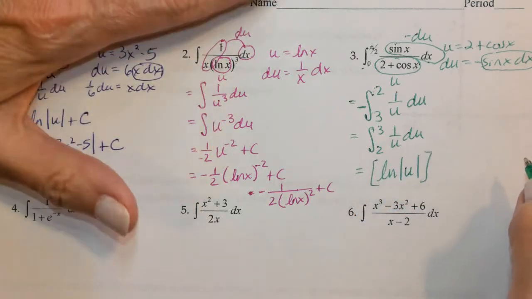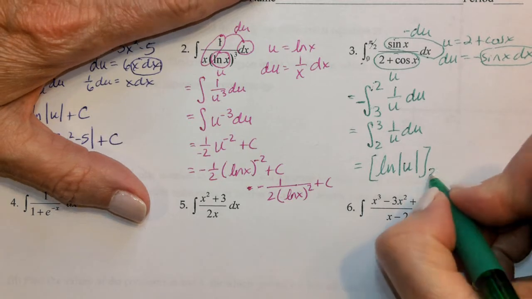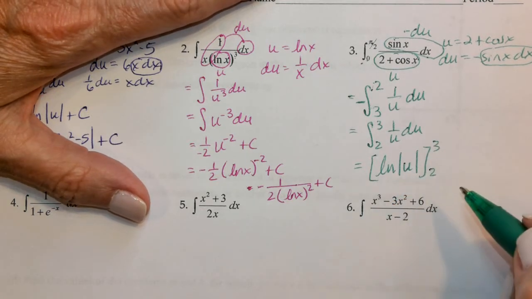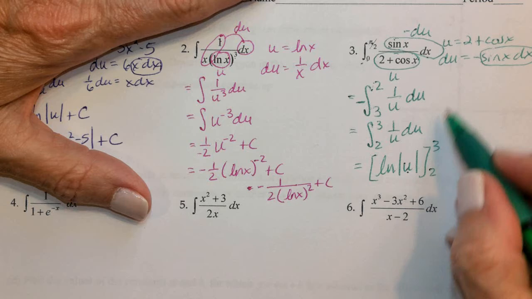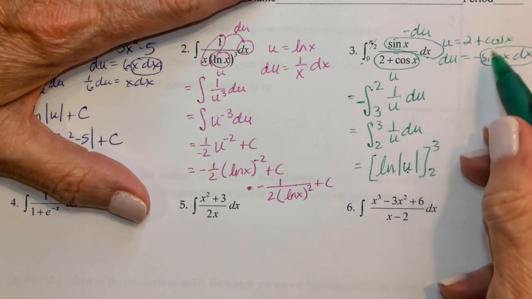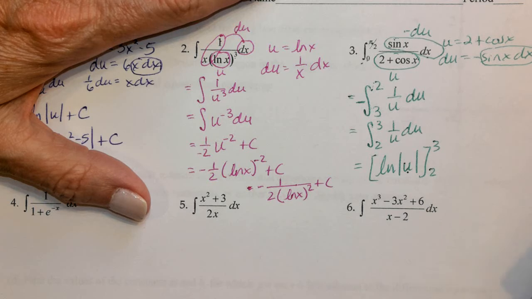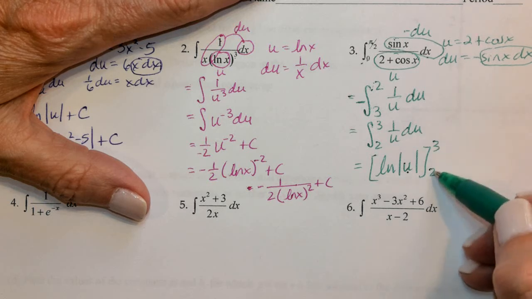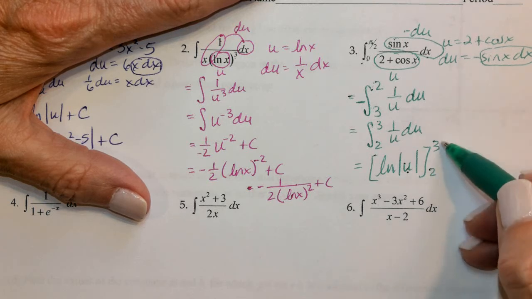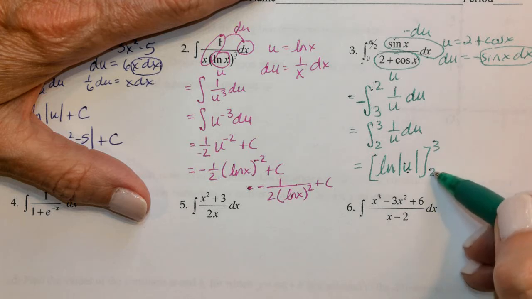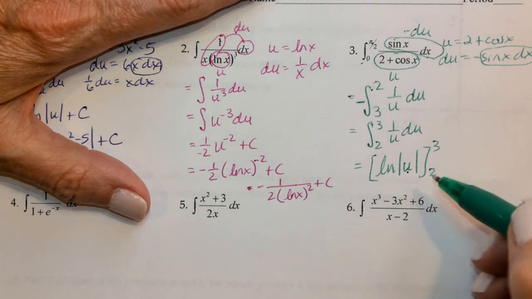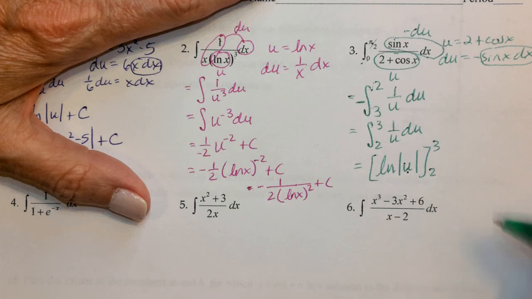Okay, common mistake I see kids make. They put the 2 and the 3 here, and then I see them go back to x's. Well, why is that a mistake? It's a mistake because you're about to put in the 3 and the 2, and you're not going to put them in for x's because they are u values. You're going to put them in for u.